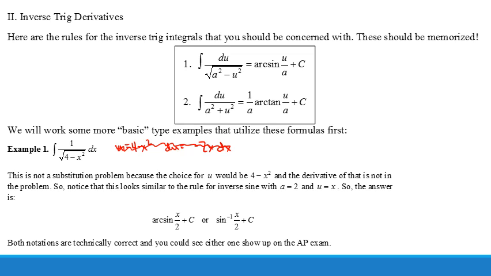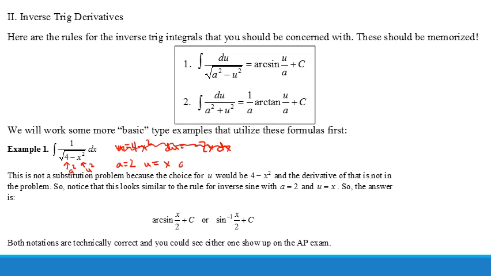Okay, well, in this case, it kind of looks similar to the arc sine rule. Okay, and so notice that this right here is your a squared, and this right here is your u squared. And so if a squared is equal to 4, that means that a will equal 2. And if u squared is equal to x squared, that means that u will equal x.